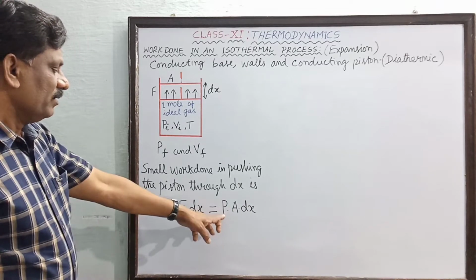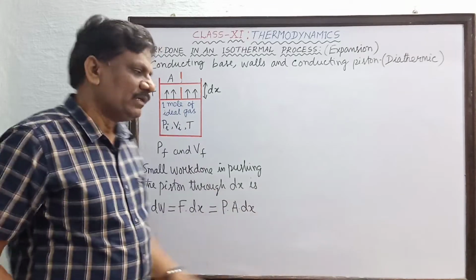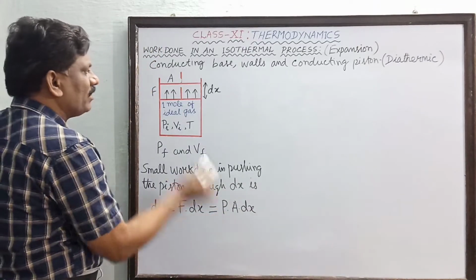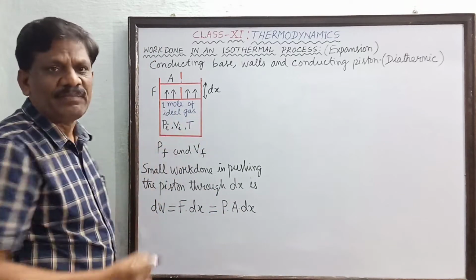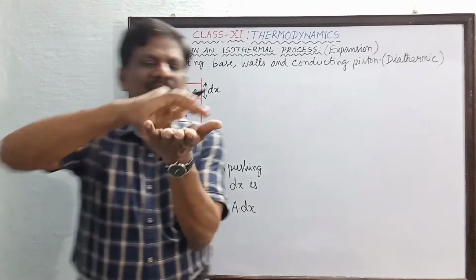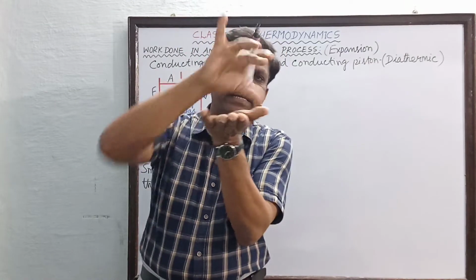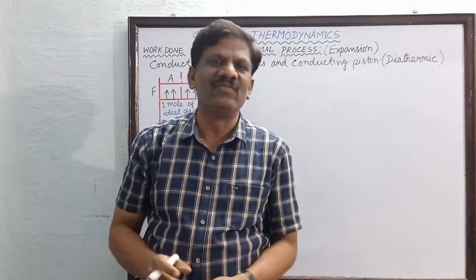So force is equal to pressure into area. Now this area is the circular area of the piston. If you multiply this by the distance moved by the piston, then the circular area into distance will be equal to a cylindrical volume, that is the increase in volume.